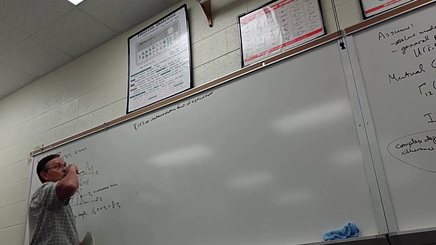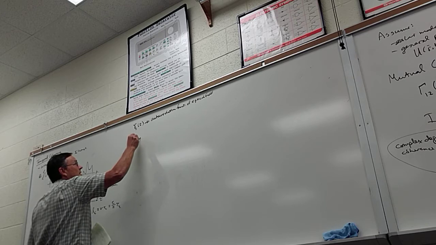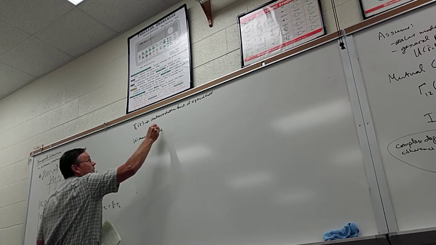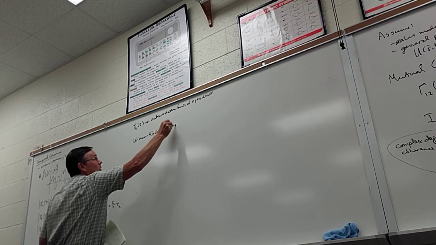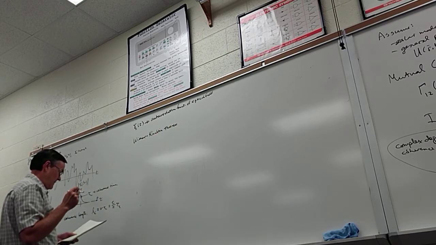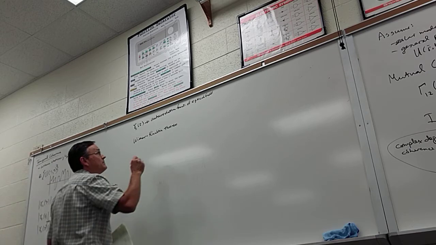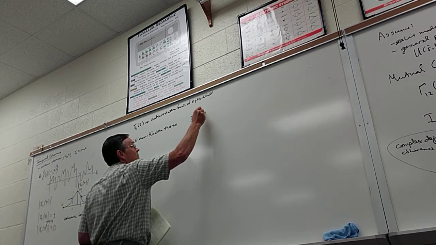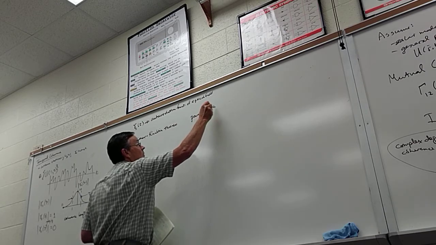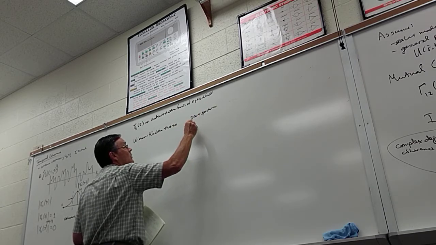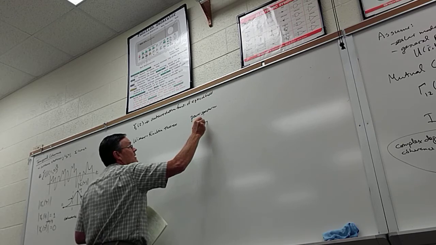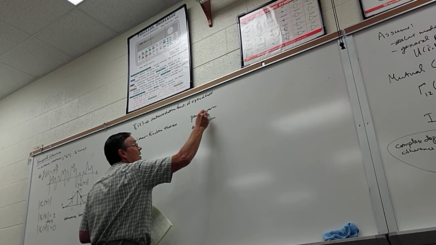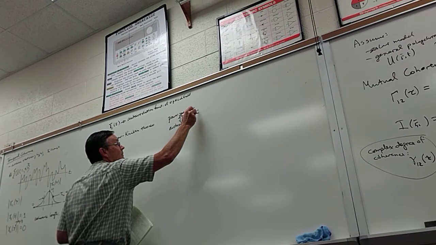Once we have an autocorrelation function, we can go back to the Wiener-Khinchin theorem, or relation. It basically says that the power spectrum and the autocorrelation of a field are a Fourier transform pair.